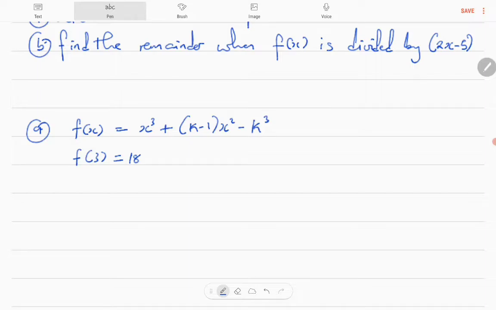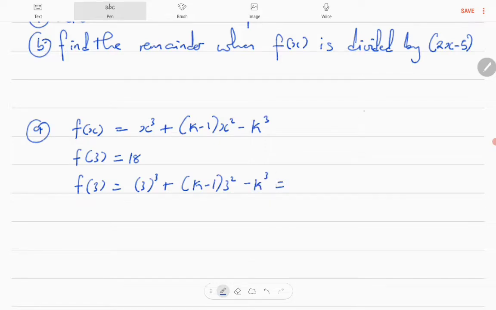we can substitute 3 for every term of x. So we have f(3) equals 3³ + (k − 1)3² − k³.